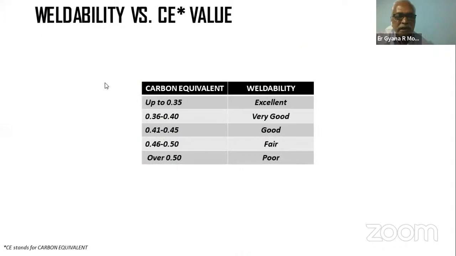Carbon equivalent means this particular steel will behave like a normal carbon steel of 0.35%. That is as per the iron carbon diagram, but whatever it is, for our purpose, a low carbon equivalent steel is more weldable than a higher carbon equivalent steel.